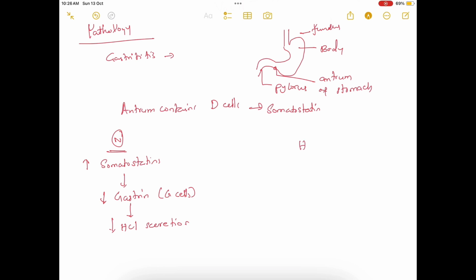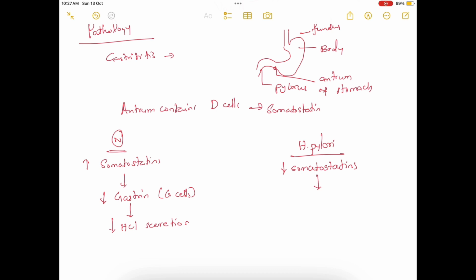So, in H. pylori infected people or peptic ulcer people, what happens is these D cells are destroyed by H. pylori, because we know that H. pylori infects the antrum of the stomach. So let's see what happens. There will be decreased somatostatin because there are no D cells now.